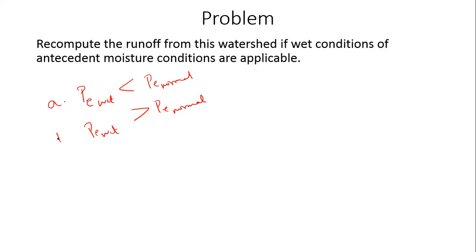You're saying answer is A. Some people are saying answer is B. Can you tell us what is your logic, or how did you arrive at option A? Whatever you thought was the reason, just tell us what it is. If the soil is wet, you're expecting less runoff to happen.